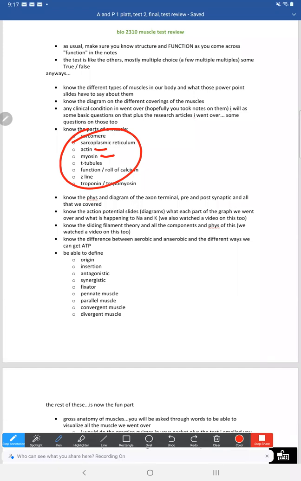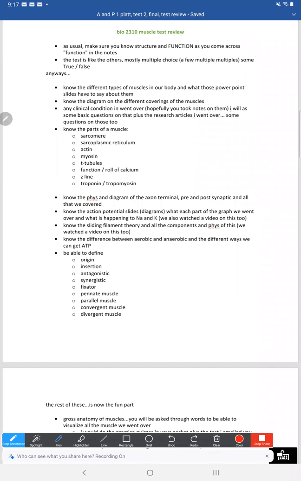I don't know. It's okay. Look it up. And when you do, you'll see that it's the thin filament. It's a contractile unit of the muscle. Myosin and the myosin heads actually bind to actin. And that's what helps with muscle contraction.